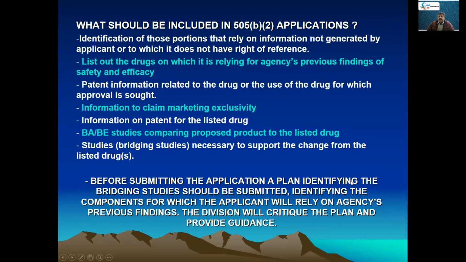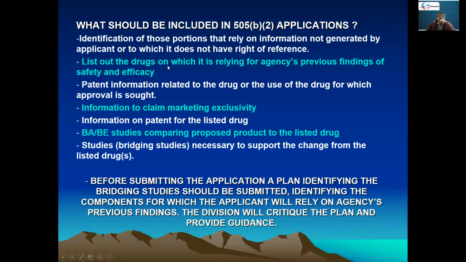Coming to the last slide for today's lecture, what should be included in 505(b)(2) applications? The applicant needs to identify those portions that rely on information not generated by the applicant or to which it does not have the right of reference.